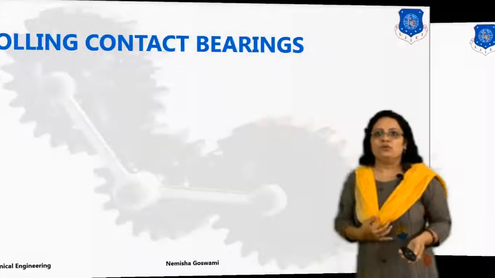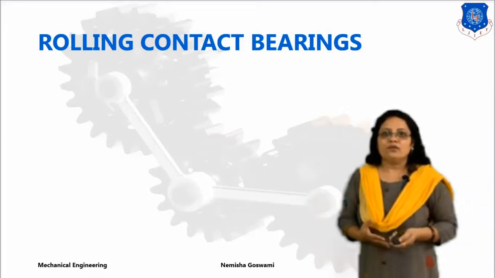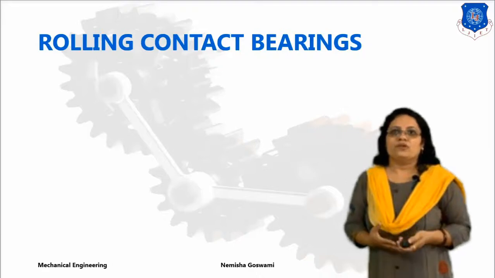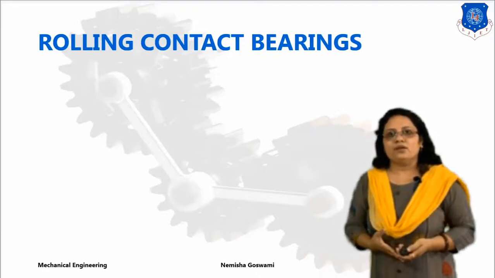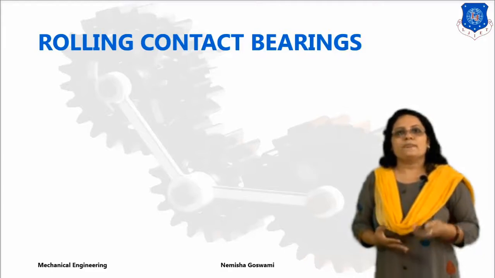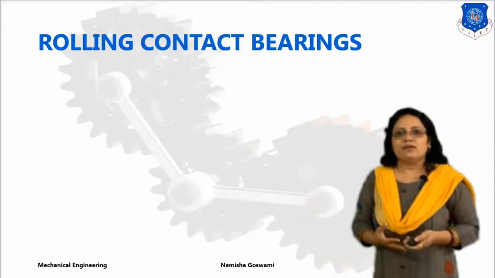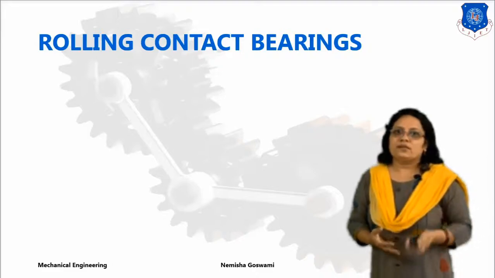Next is your rolling contact bearing. Rolling contact bearings generally have point contact, not line contact, whereas sliding contact bearings have surface contact.